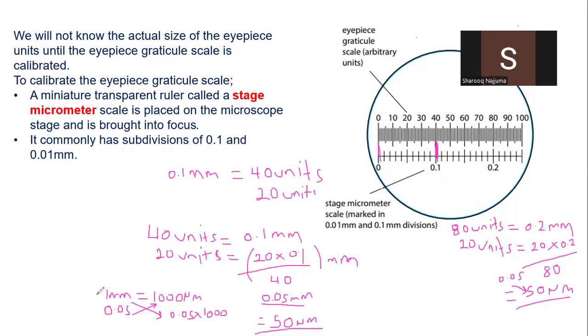So whenever you are using an eyepiece graticule to measure an organelle or a cell, first things first, know how many divisions of the eyepiece graticule that cell or organelle you're measuring is taking up. Then after that, calibrate the eyepiece graticule using a stage micrometer. Let's look at examples.